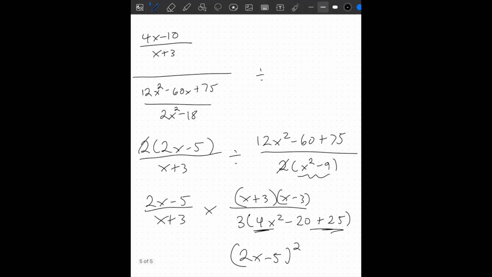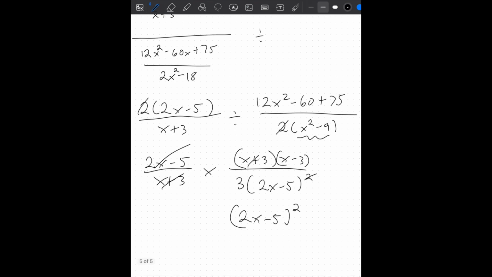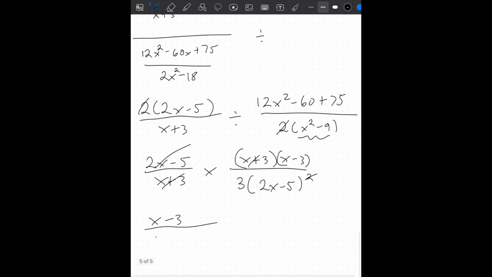So I'm just going to replace it. So now I can cancel one of the 2x minus 5, and x plus 3, and then my final answer will be left with x minus 3 all over 3 times 2x minus 5. Perfect.